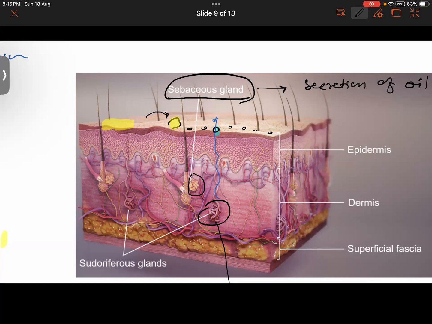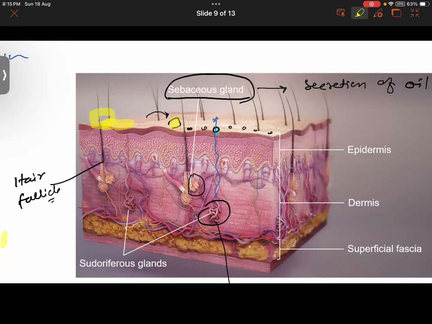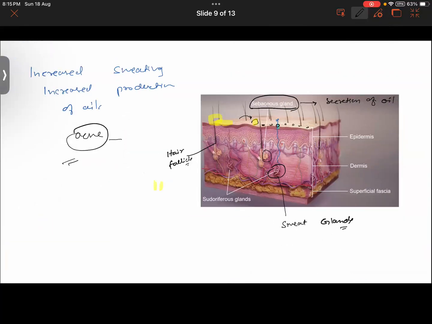Also, sometimes the hair follicles, or hair roots, are plugged, or too much oil accumulates around the hair. In that case also it can lead to acne. In acne, basically the skin cells will start to die.